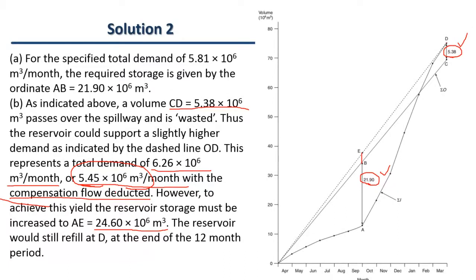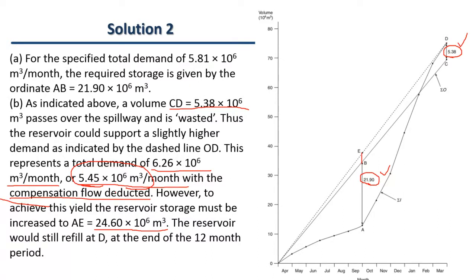Something very important is that in some cases you might find something very interesting. You might say, if we increase the dam reservoir by 24.60, I would be able to allocate more water. If I increase or decrease less, what would be the figure?